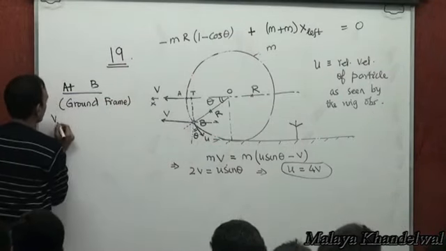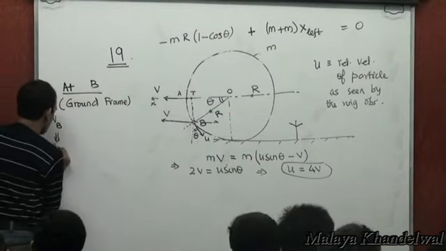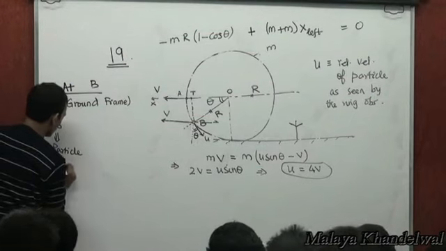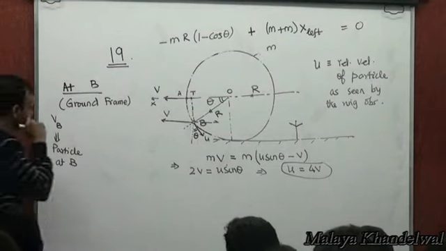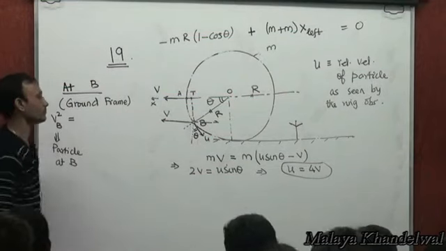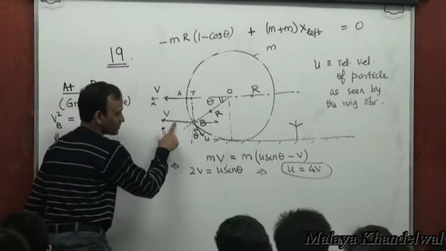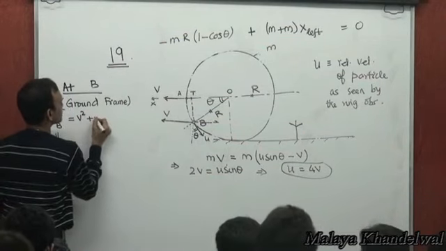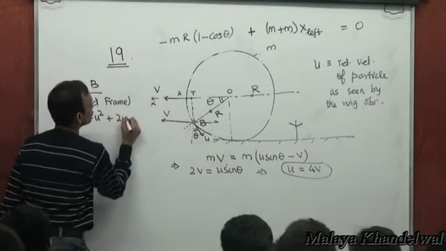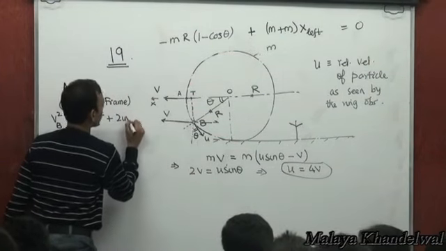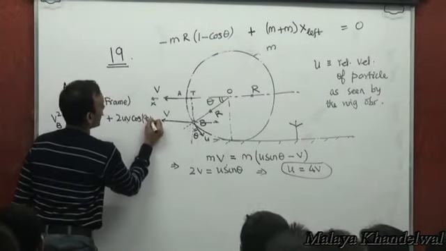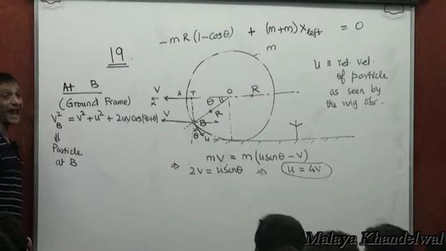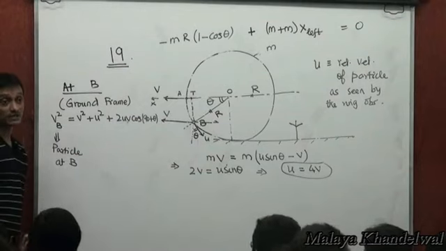This is the velocity of the particle at B. That's going to be given by Vb squared, the resultant of the velocity of the observer plus the relative velocity u. So it's going to be v squared plus u squared plus 2uv cos(90 plus theta). The angle between u and v is 90 plus theta. That will give me the velocity at B. Clear?